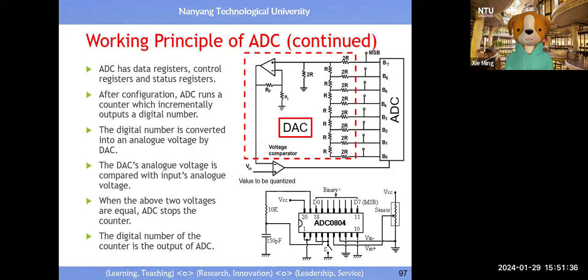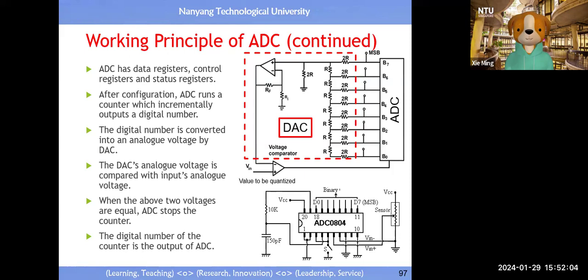I predict 0, 1, 2, 3, or then 65,000, something like that. For each prediction, you have a digital number. Then I use the DAC to convert the digital number back to analog, then do comparison. If my prediction is correct, means what? After DA conversion, I will get an analog value exactly equal to the input analog value, yes or no?